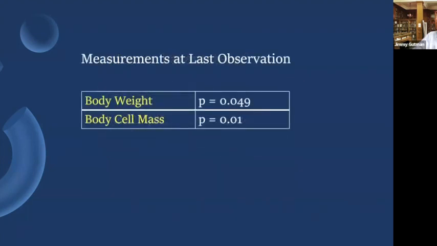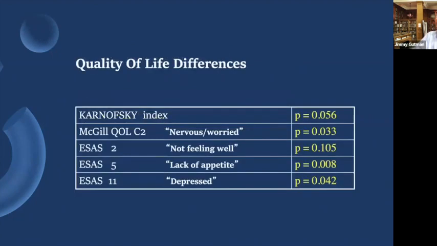And here you go, a clear and significant increase in body weight and in muscle mass. Again, the first time ever. And here you see that the patients themselves reported significant improvements in their quality of living.